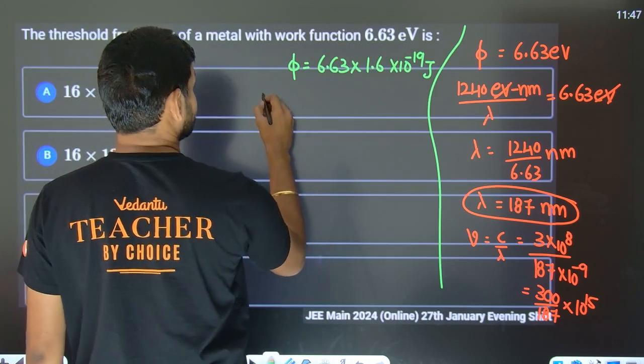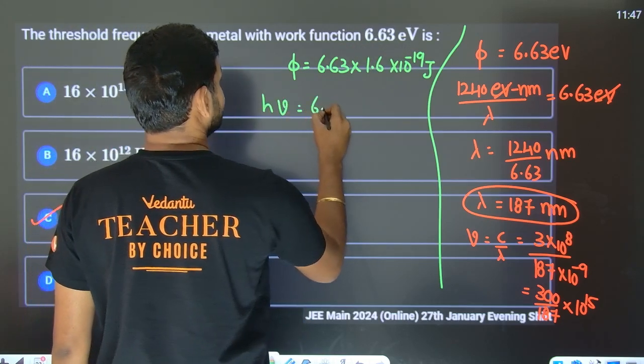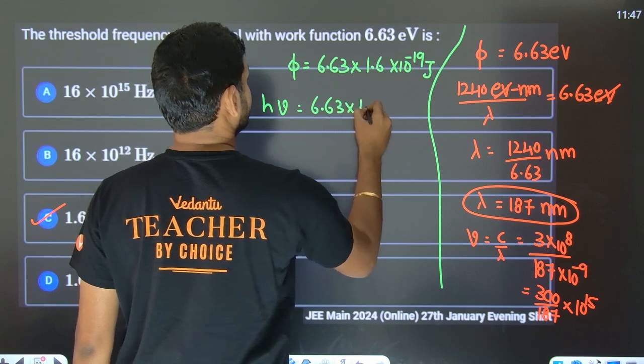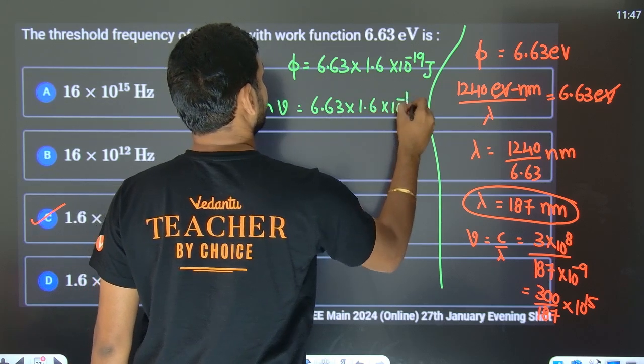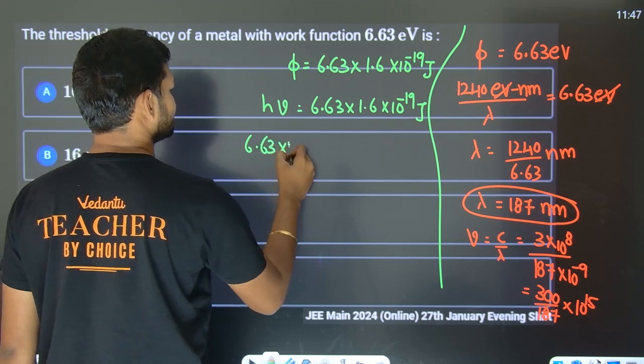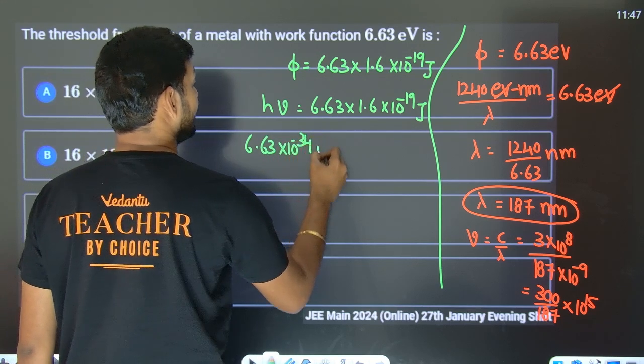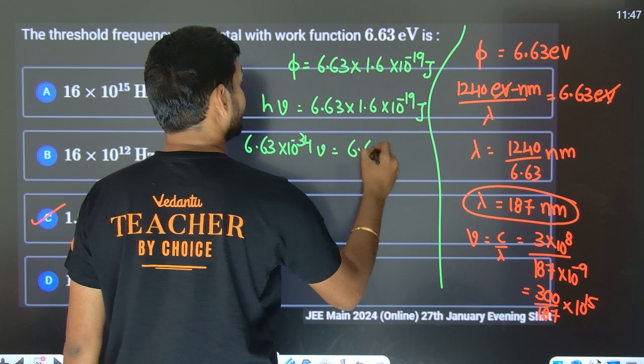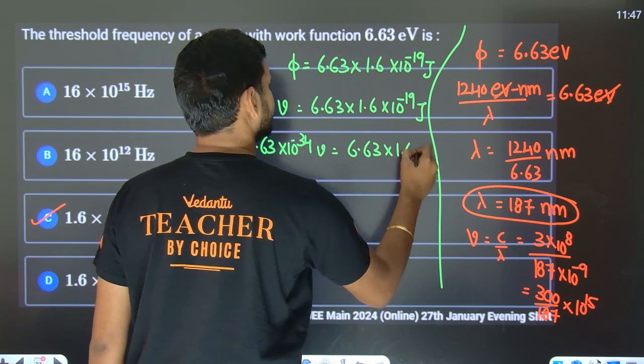Now this can be written as h nu. And what is the h value? It is 6.626, but let's write 6.63 into 10 to the power minus 34. Are we getting the nu value directly or not? Yes, we get it directly.